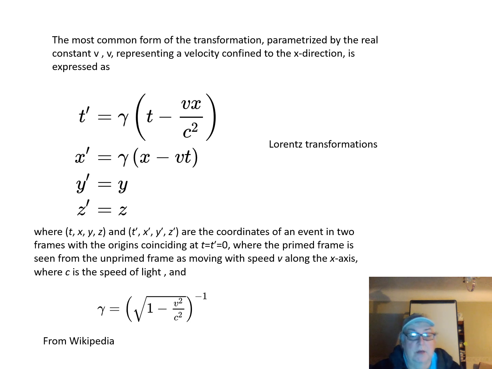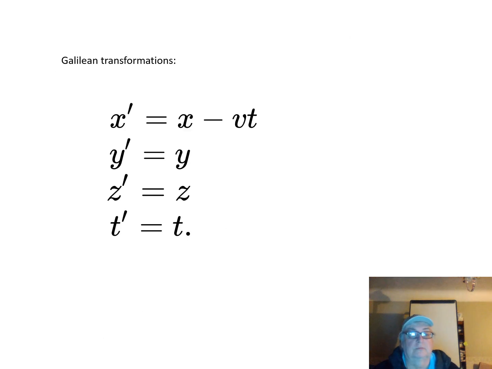And the next equation is for the gamma, which is the relativistic factor. Galilean transformations are these equations.